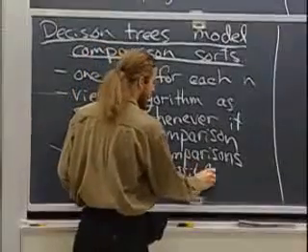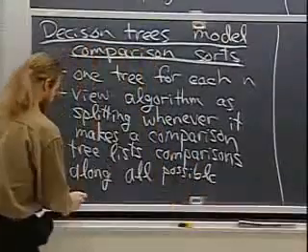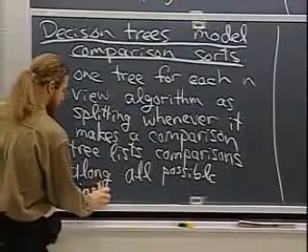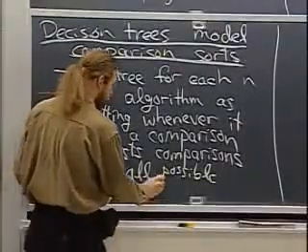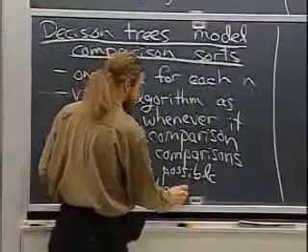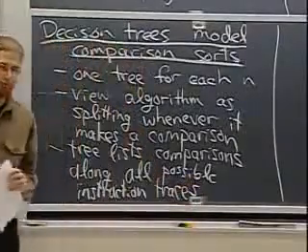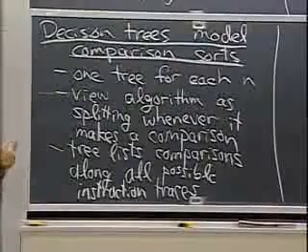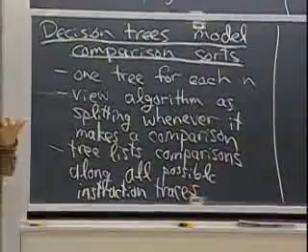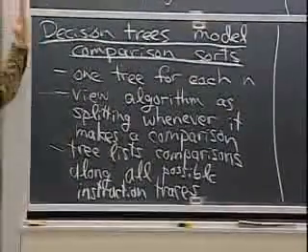So we'll call these all possible instruction traces. You write down all the instructions that are executed by this algorithm for all possible input arrays, A1 to AN. See what all the comparisons, how they could come out and what the algorithm does. In the end, you'll get a tree.